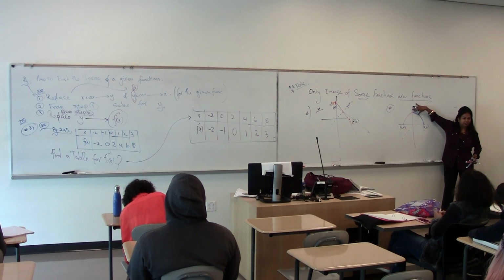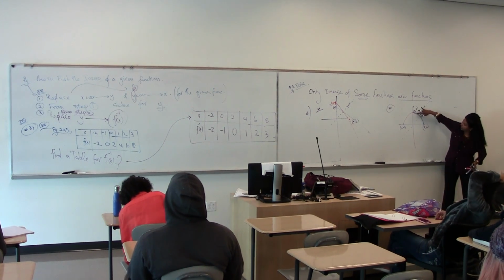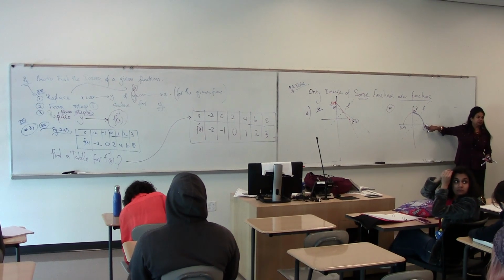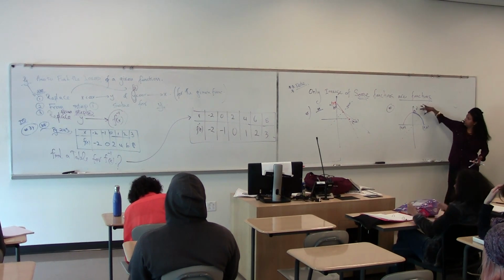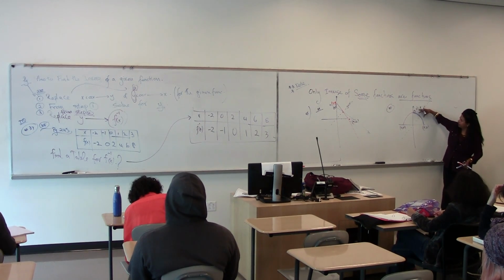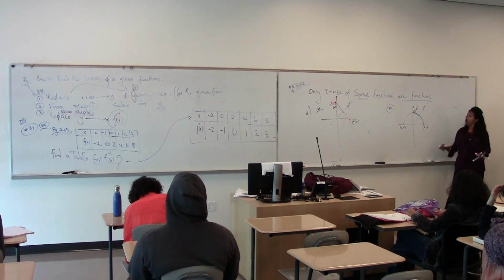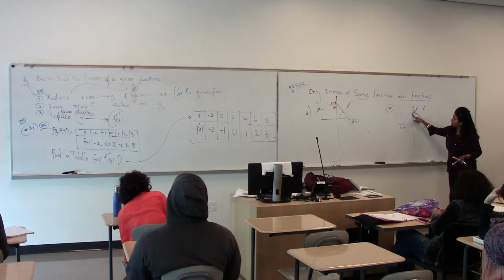This part, right? So we have taken care of this whole part from here to here. They're coinciding with each other. Right? Okay, so now, what's the mirror image of this part?